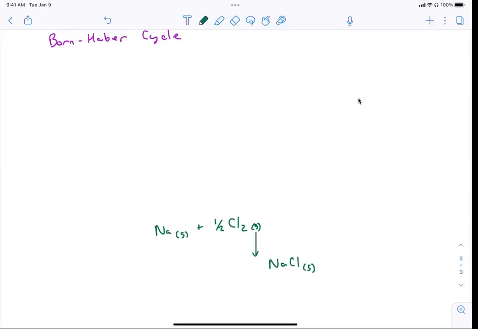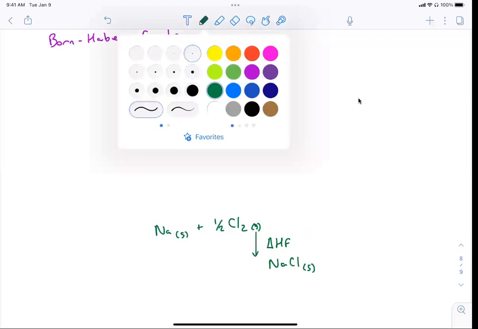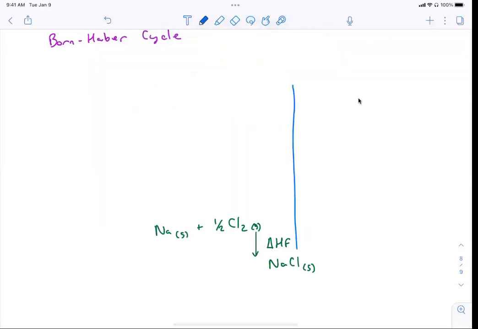Okay, this reaction here, Na solid plus 1/2 Cl2 gas yields NaCl solid. That looks very familiar based on SL. What type of reaction is that? Formation. It is enthalpy of formation. So this is enthalpy of formation, this arrow right here. Okay. The other big arrow that we are concerned with is this.